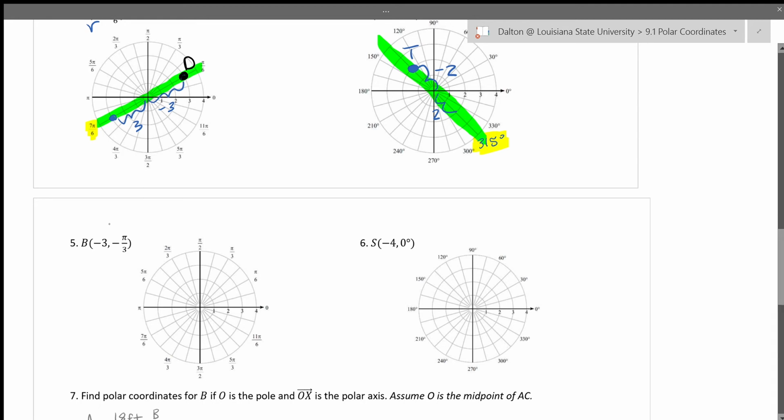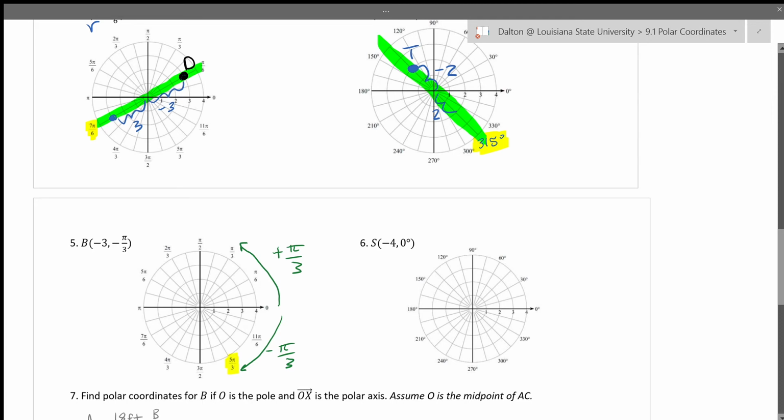Okay, let's again start with the angle. It's negative pi over 3 is my angle. Well, if you have a hard time envisioning where negative pi over 3 is, look first at the positive version of pi over 3. So if positive pi over 3 is here, then negative pi over 3 is actually the same thing as 5 pi over 3.